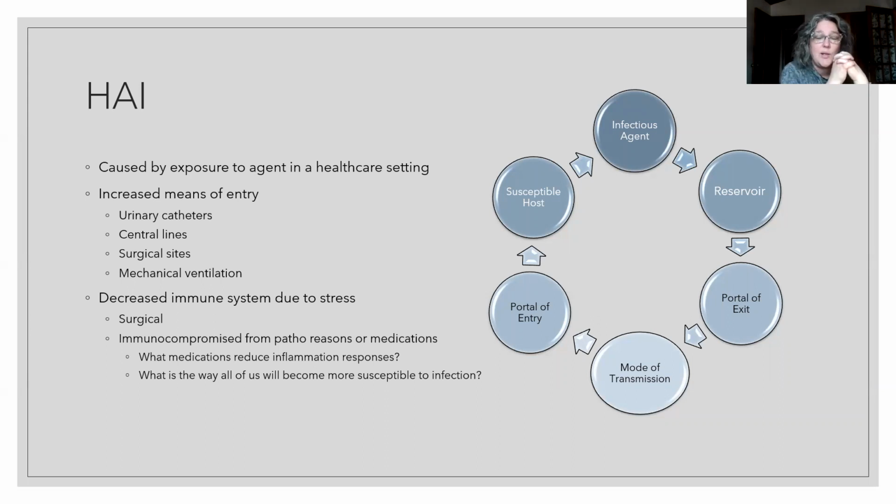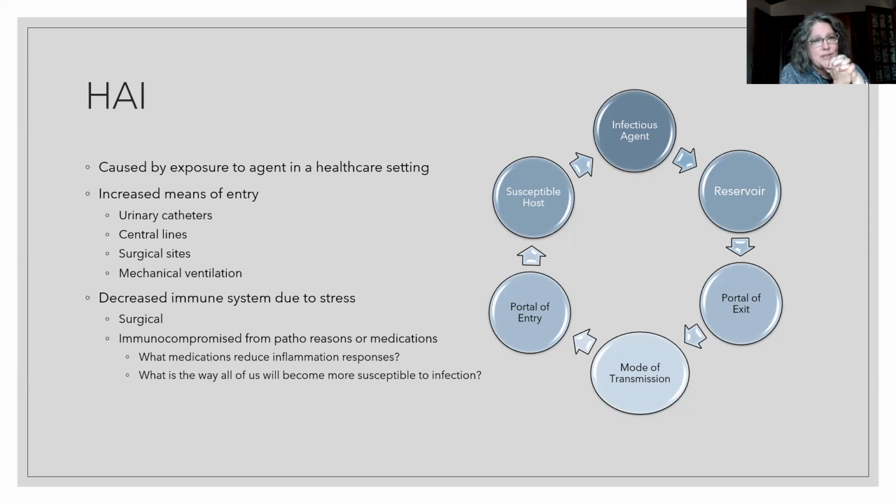Surgical sites we've talked about. So much of our postoperative care is about surgical site management and keeping infections out of there. And mechanical ventilation. So if we have somebody who is super sick or super traumatized and unable to do their airway and breathing on their own, we will insert an artificial airway. We will put them on artificial breathing. That is known as mechanical ventilation.